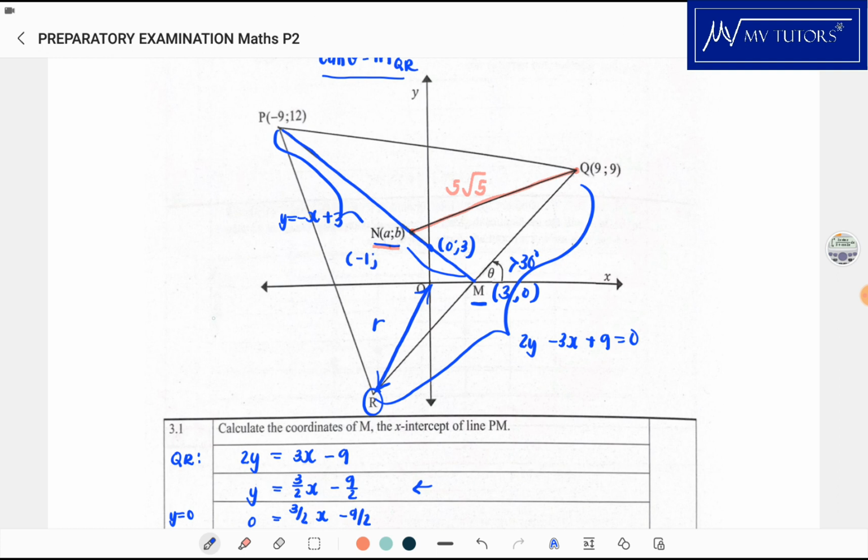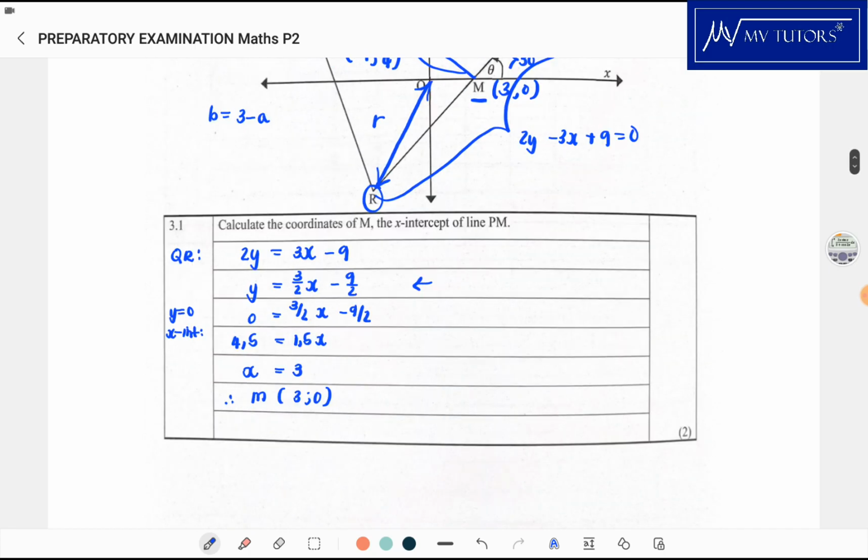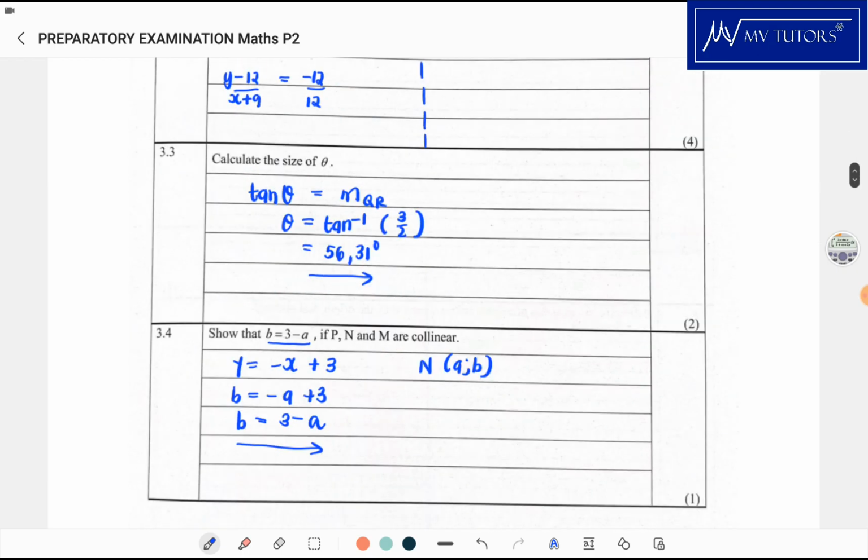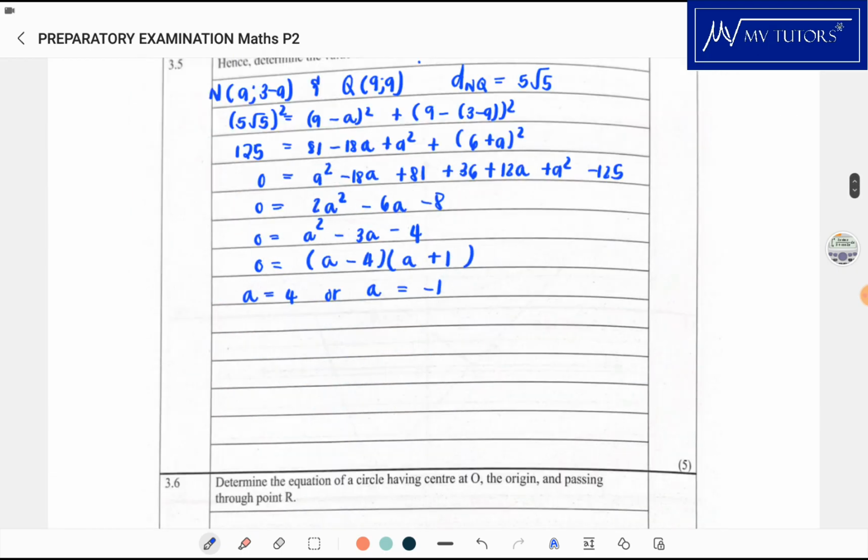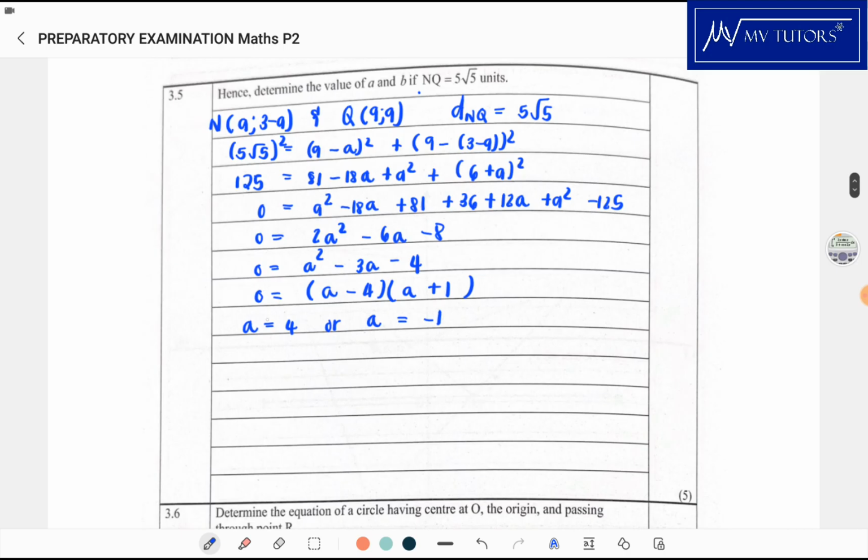Remember we said B is 3 minus A. So if A is negative 1, then 3 minus negative 1 is going to be 4. So there we have our coordinates, but let's write them down where the space has been provided. We're not going to consider A equal to 4.